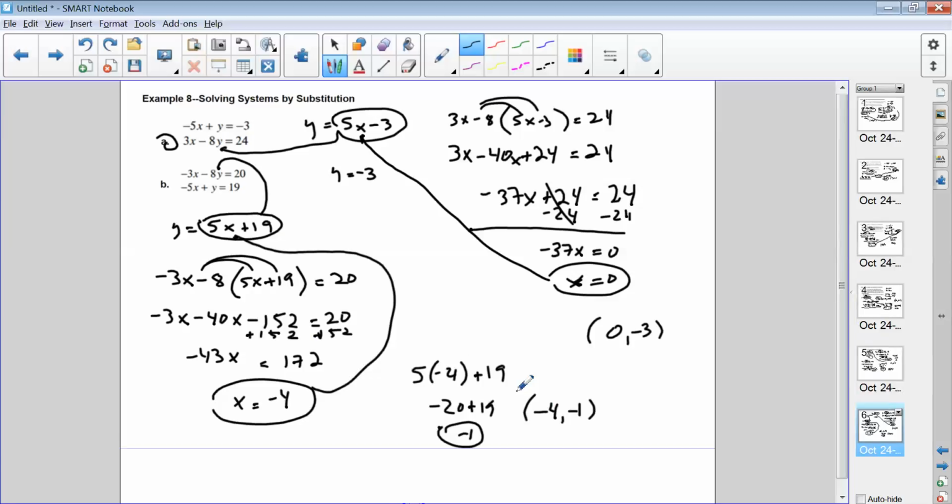So again, go back and look at some of these. Also, you may want to look at some of the equations and the links that I have in the presentations in the Google folder for examples of solving systems by substitution.